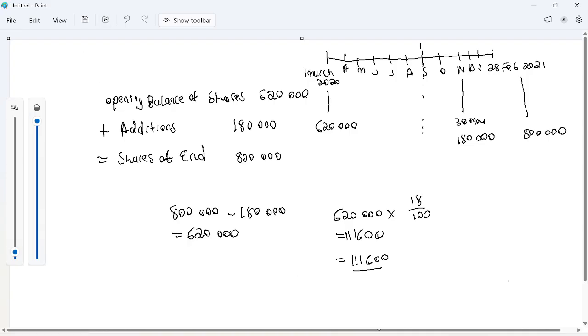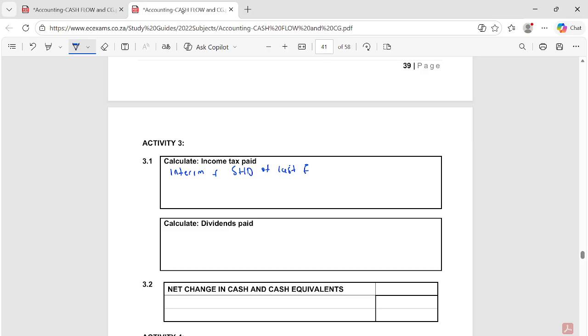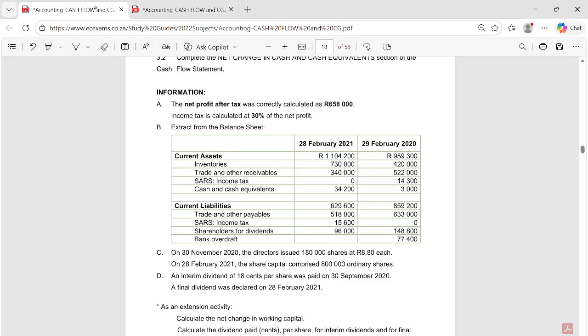Let me come to this calculation. So my interim dividend plus shareholders for dividend of last financial period, right? So my interim dividend was 1,600 plus, what is my shareholders for dividend?